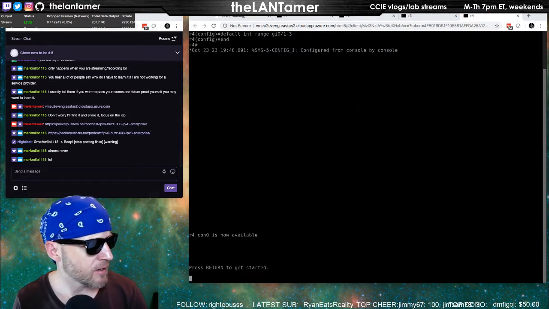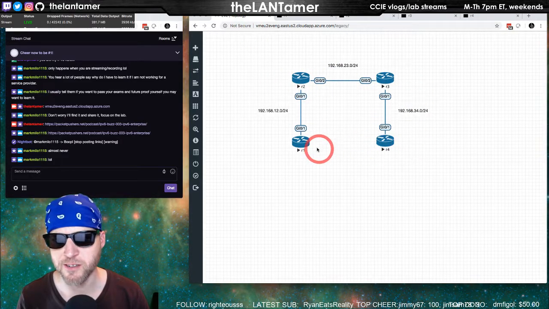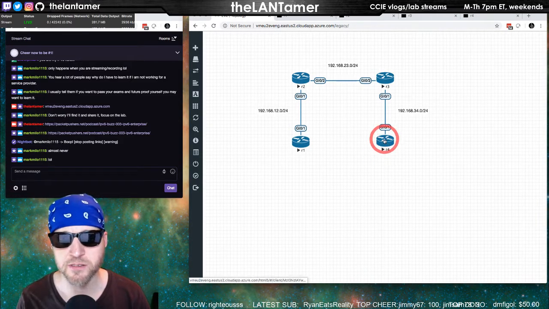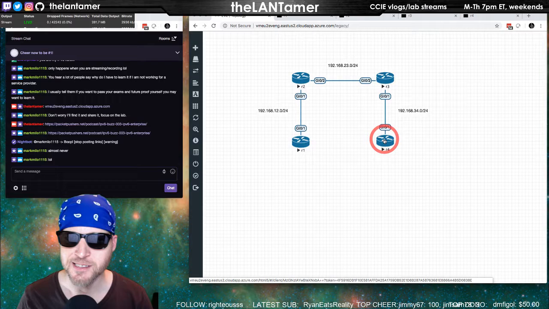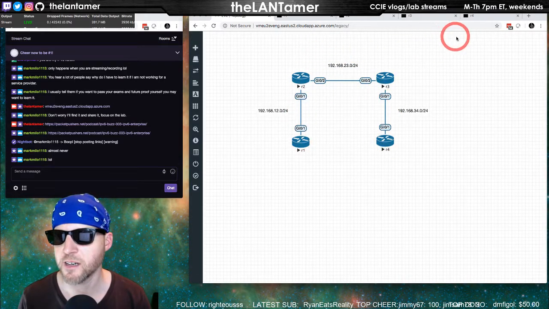Then our last router. This, by the way, is a horrible network design, right? This is what we would call sort of a closed circuit, or no, open circuit. I hope you don't have any networks like this. I really do.